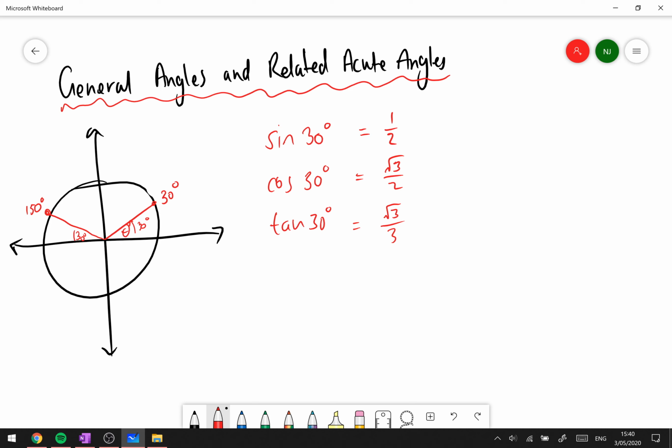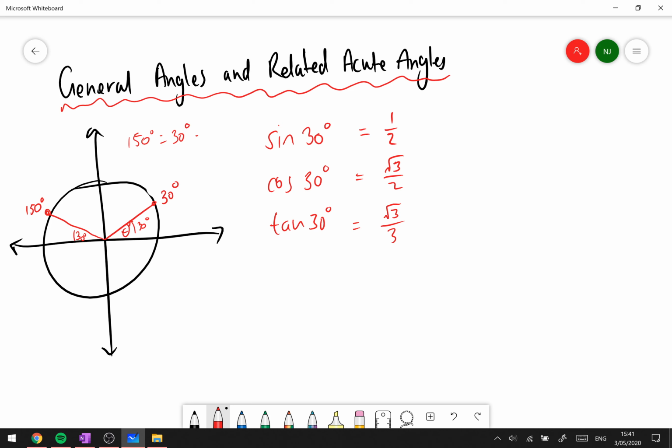Okay, so with that being said, we decided that 150 degrees has the same related acute angle as 30 degrees.